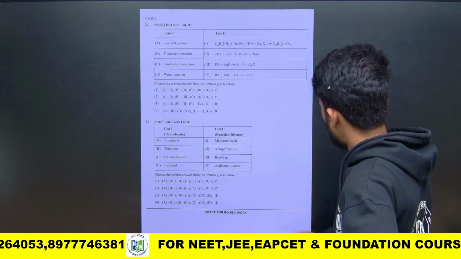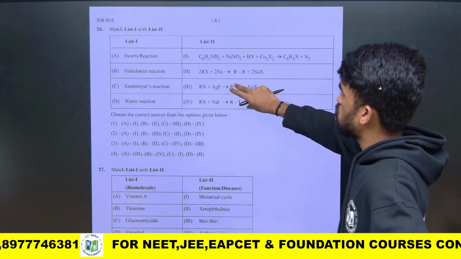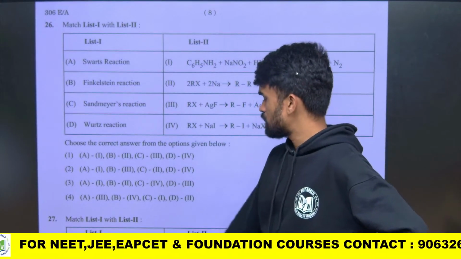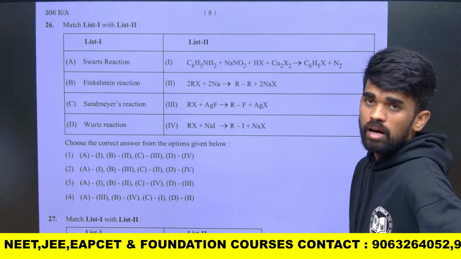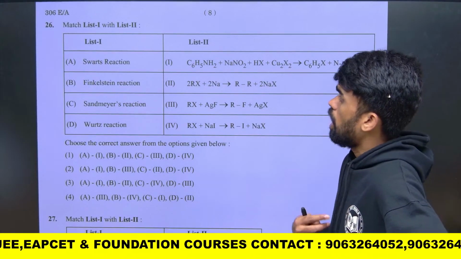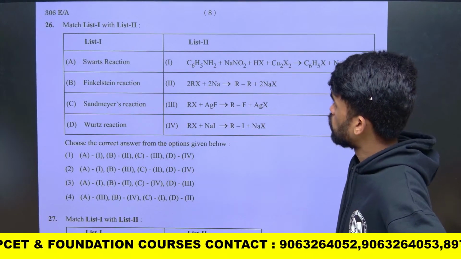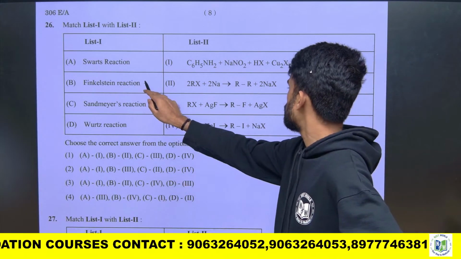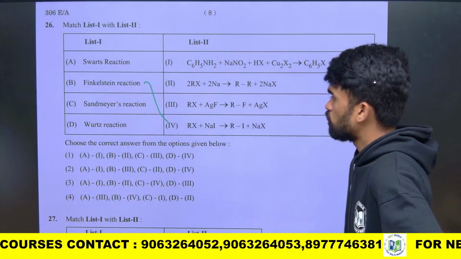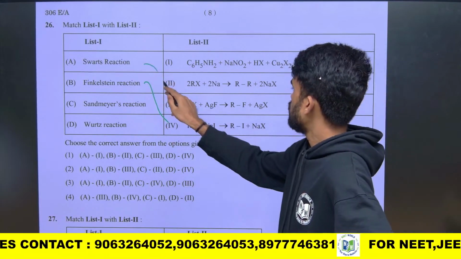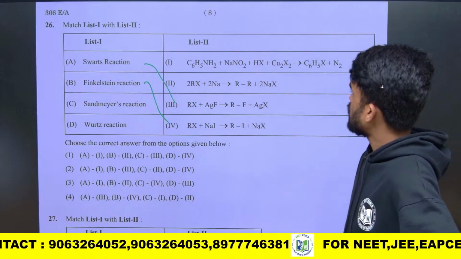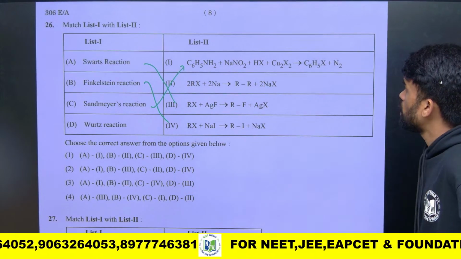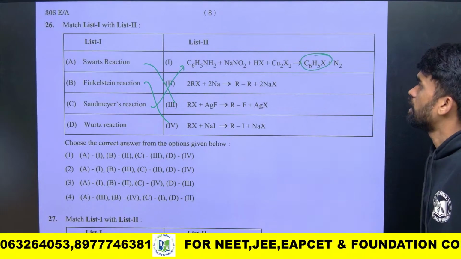Next, again this is from the haloalkanes chapter. So what is this Swarts reaction? Swarts reaction is for preparation of alkyl fluorides. Finkelstein is for alkyl iodides. So B4, A3. Sandmeyer reaction, conversion of diazonium chloride to aryl halides.